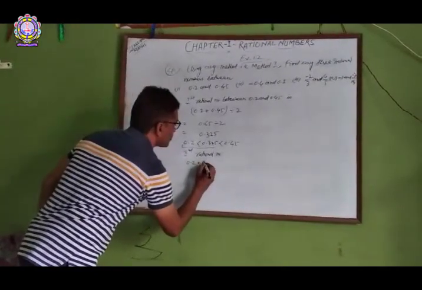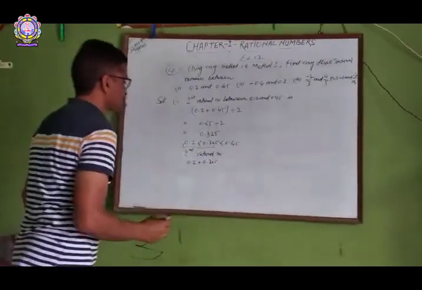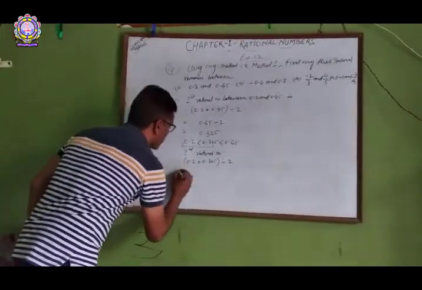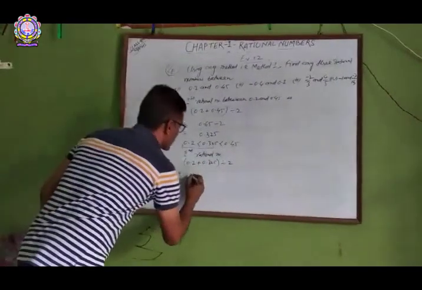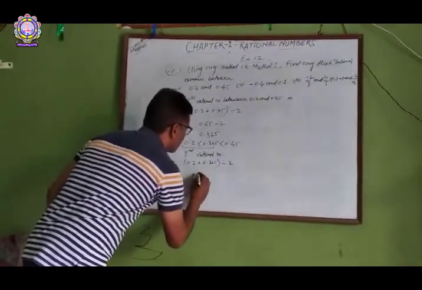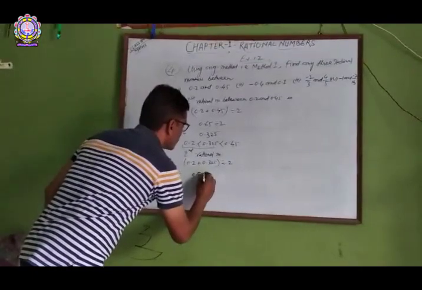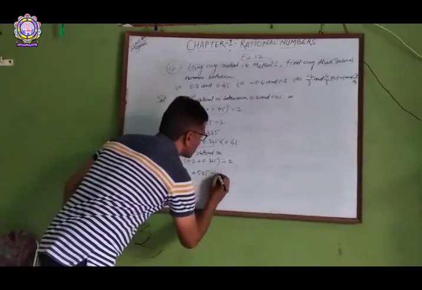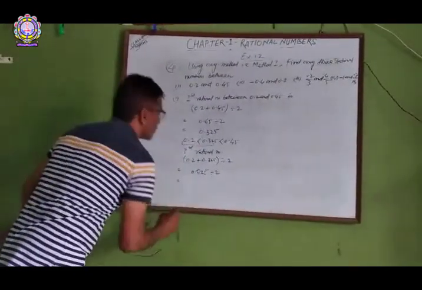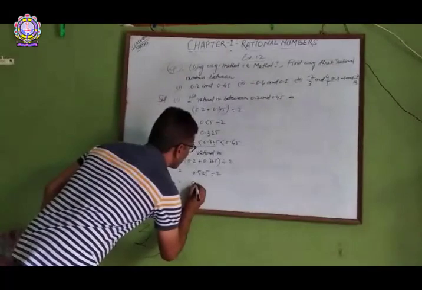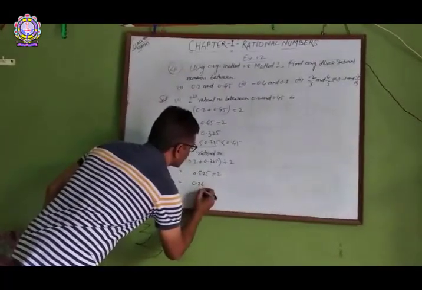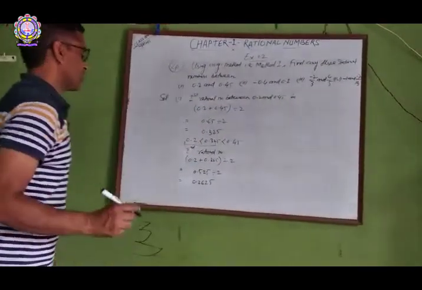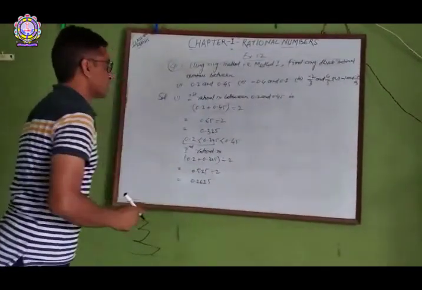Find the average of these two rational numbers. 0.2 plus 0.325 divided by 2. This will be equal to 0.525 divided by 2, which is equal to 0.2625.